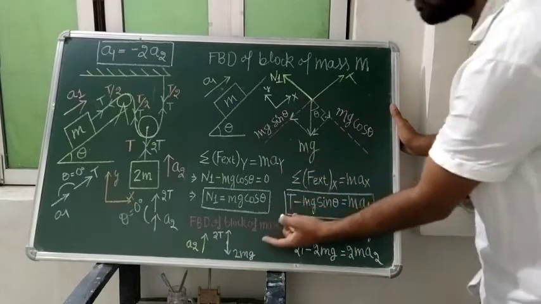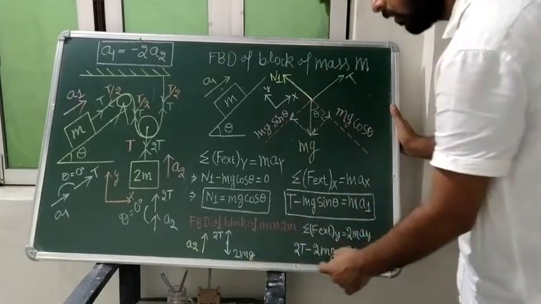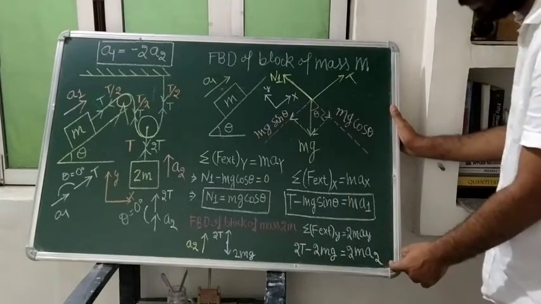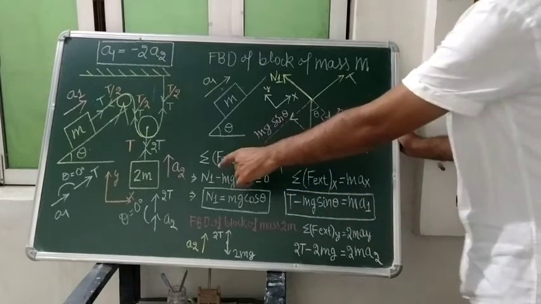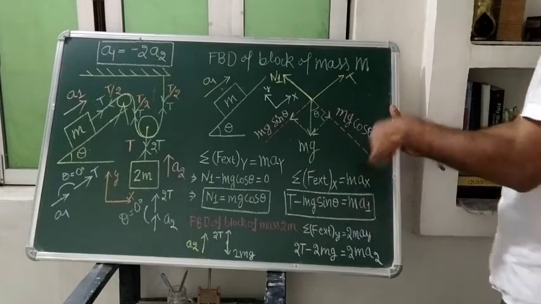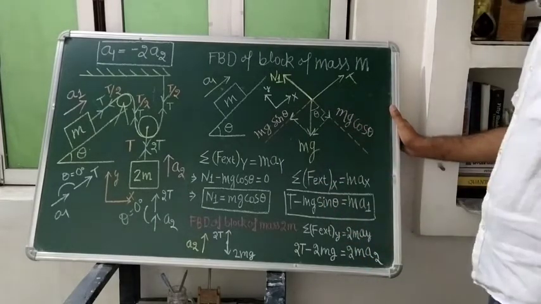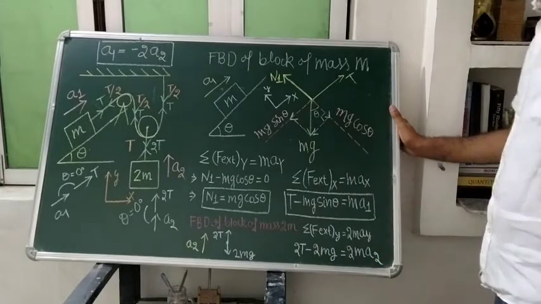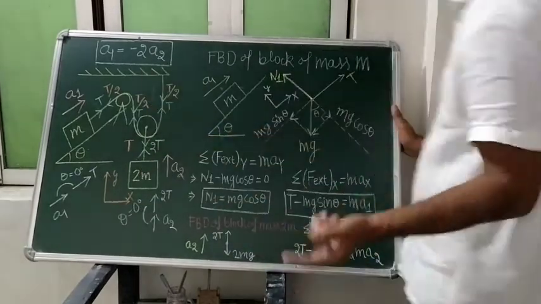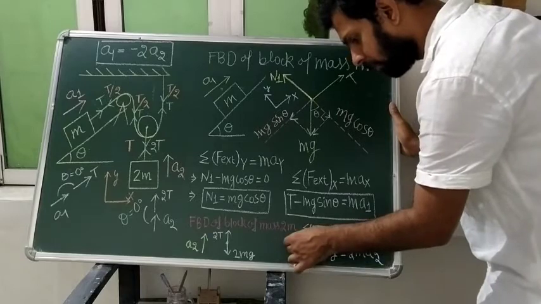So this twice of T is acting upside, so it will be positive, minus 2 mg, and that should be equal to 2m A2, mass of the object multiplied by acceleration of the object. A2 is positive only, as this side we have assumed as positive. So we will get this relation from here.